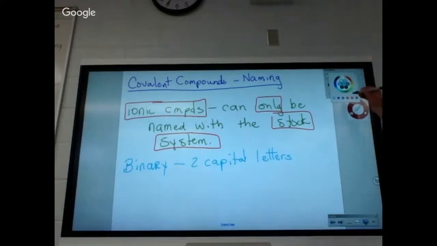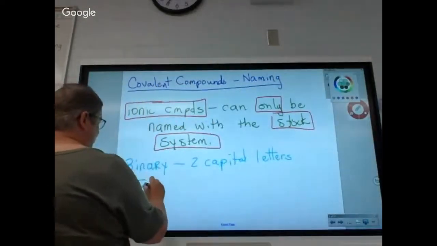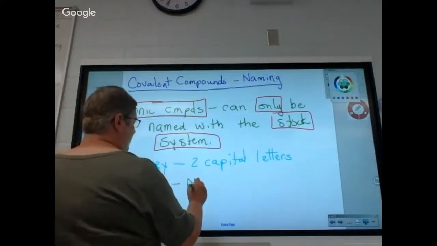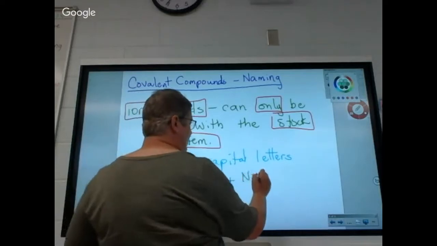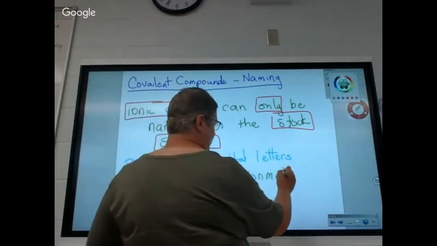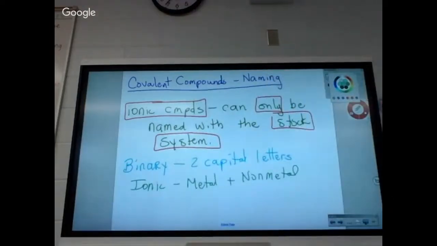So, to be ionic, it has to be a metal and it has to be a non-metal. Okay? To be ionic, it has to have a metal and it has to have a non-metal. Metal and non-metal.